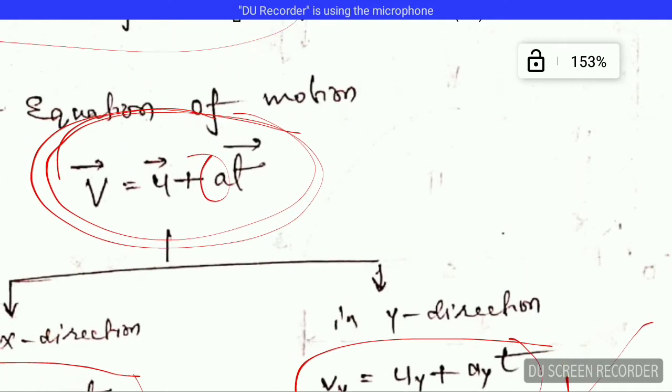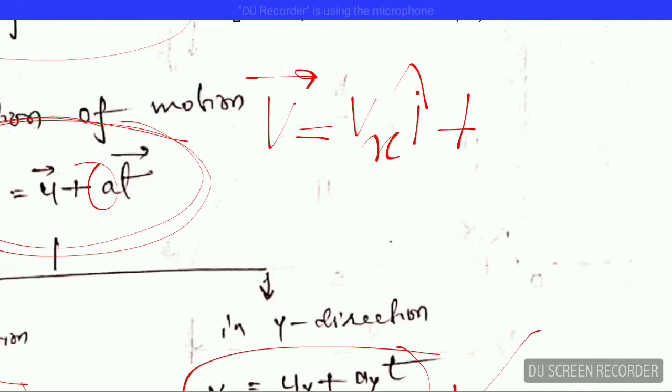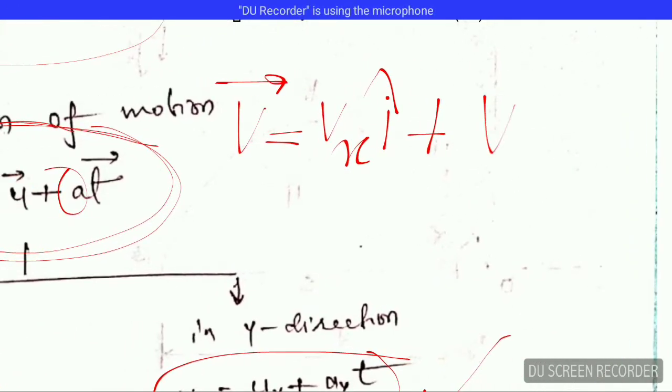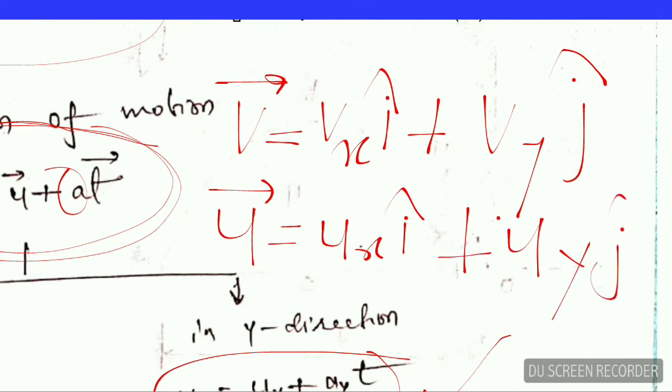Okay, so here v equals vx i plus vy j. Then similarly u vector equals ux i plus uy j.